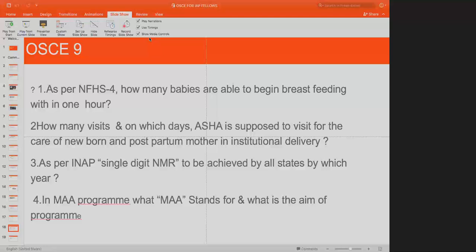Third one is, as per INAP, single digit NMR is to be achieved by all states by which year? Fourth is, in the MAA program, what does MAA stand for and what is the aim of this program?